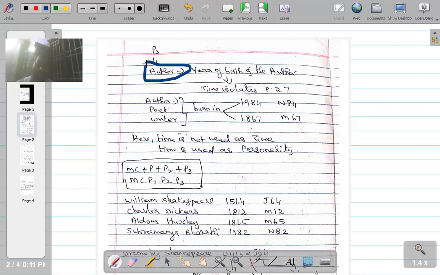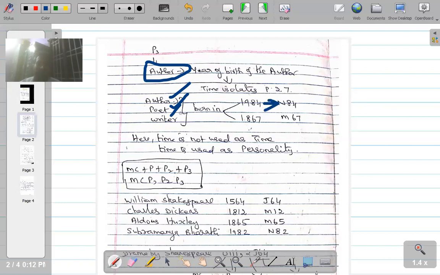As per Ranganathan's ideas, the author is to be represented by the year of birth. So you need to identify the year of birth of the author, and that is to be used as P3. Whether it is a poet, a playwright, whatever it may be, whatever year he was born in, that year is converted into a number.